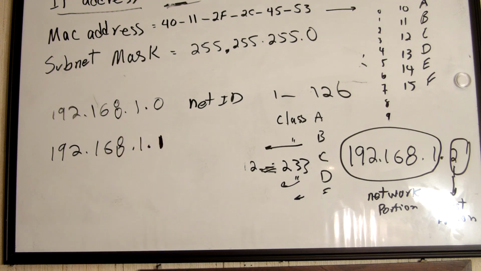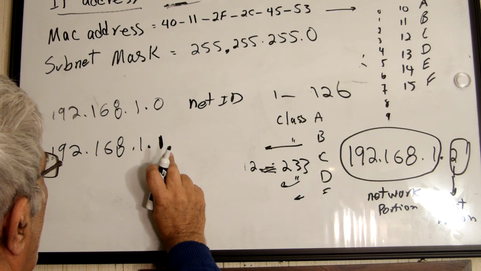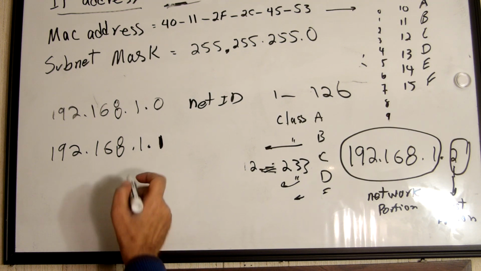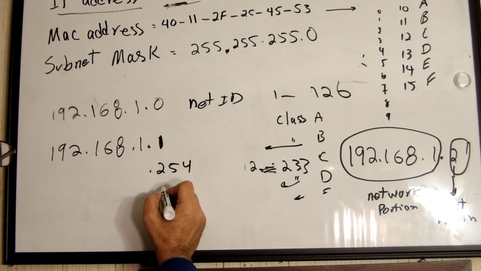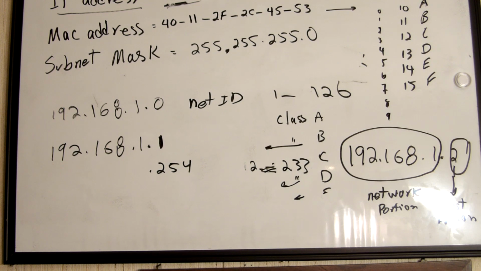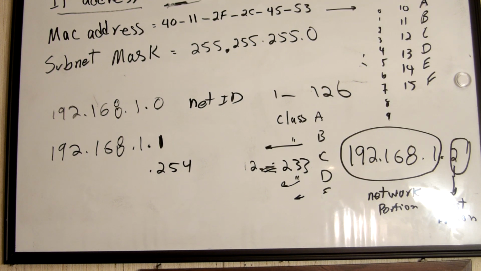Usually the first one belongs to the gateway IP of the router, which I will talk about later. And 255, the last one, is just for the broadcast ID.